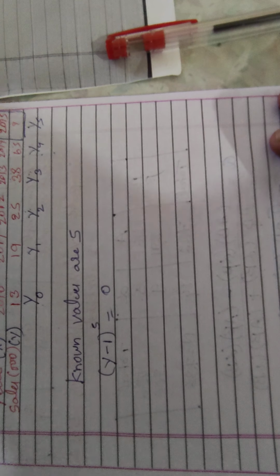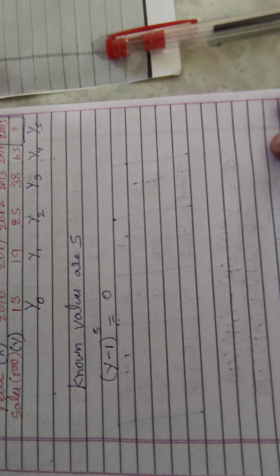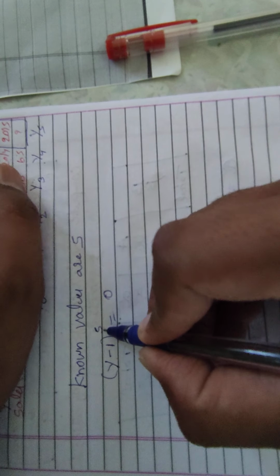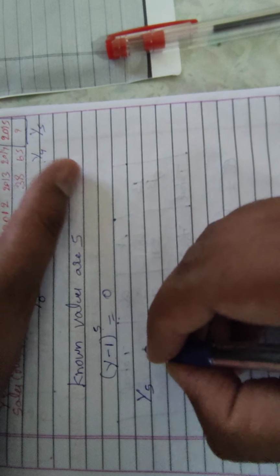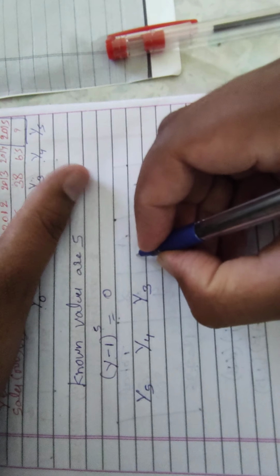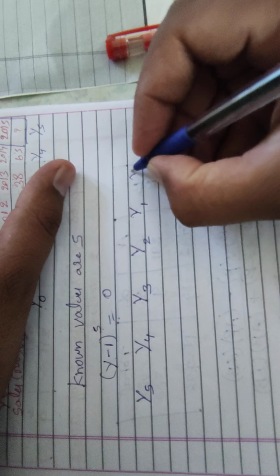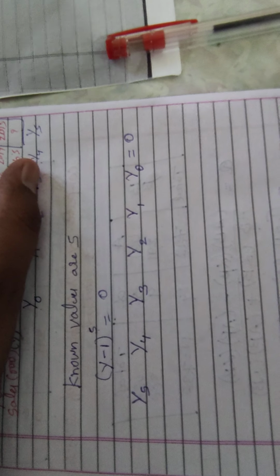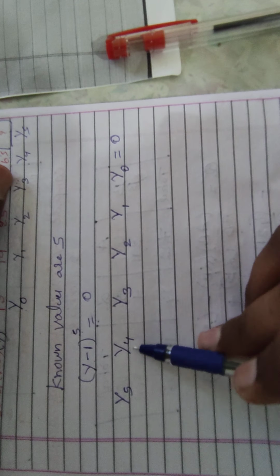As per your first PU syllabus you have only one type of solution, the binomial expansion method. In second PU you will study Newton's advancing method. You can apply the formula. So known values are 5. We start from suffix 5: y5, y4, y3, y2, y1, y0 is equal to 0. Based on the known values we write in descending order.